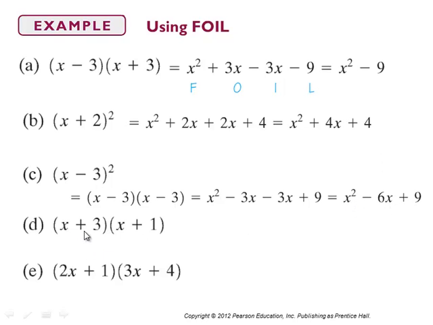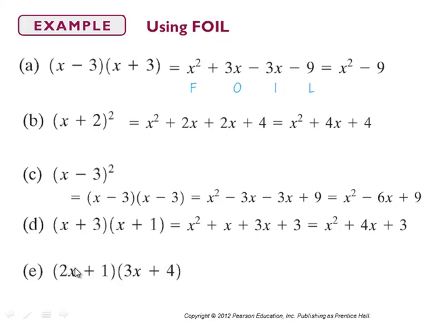Here we got x plus 3 times x plus 1. We'll just FOIL it out. Notice that this 4x right here is the result of taking the outer plus the inner. In other words, if you take this 3 plus this 1, you add up those last terms, that's where this 4 comes from.